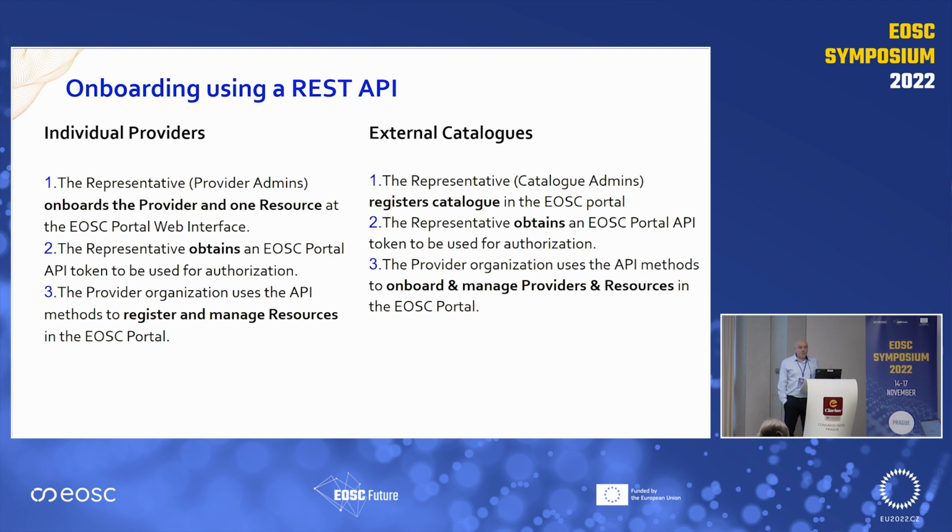If you are an individual provider, you should first log in, become a provider, and then you can get an API token from the AAI service of the EOSC portal that you can use to authenticate yourself in every API call. If you are an external catalog, you follow the same authentication mechanism, but now you can push and update information not only about resources, but also about providers.